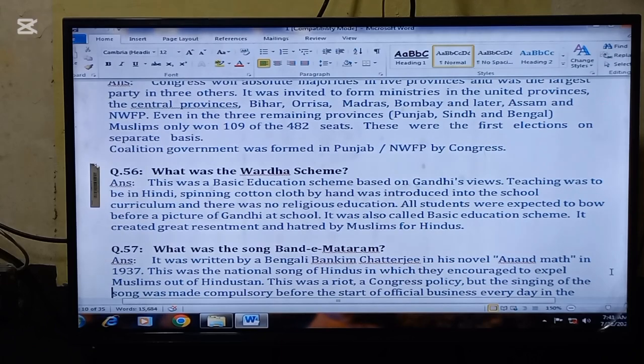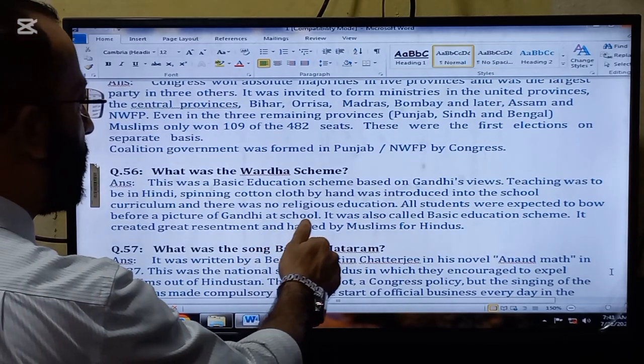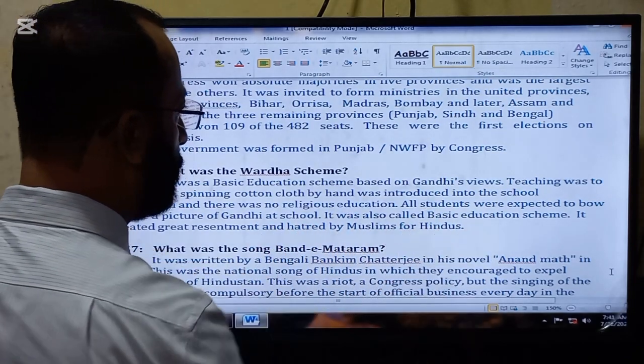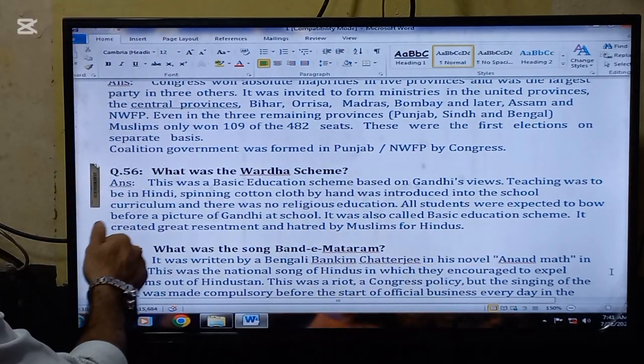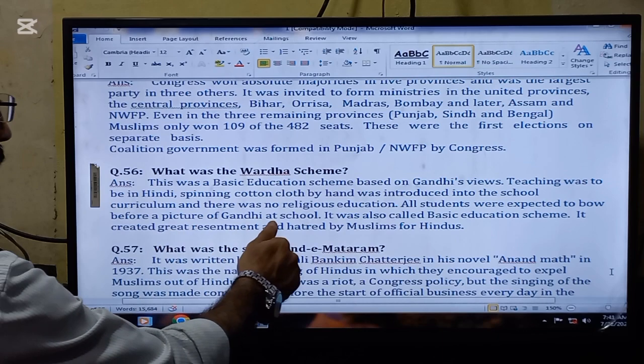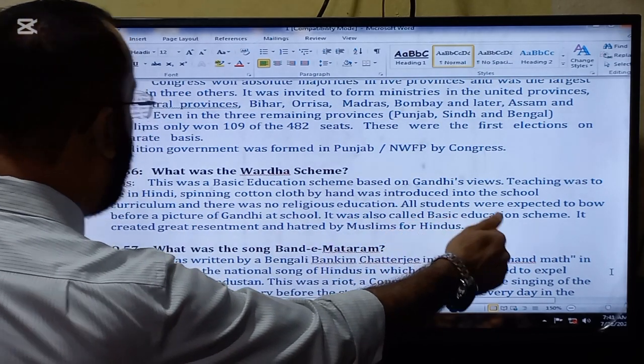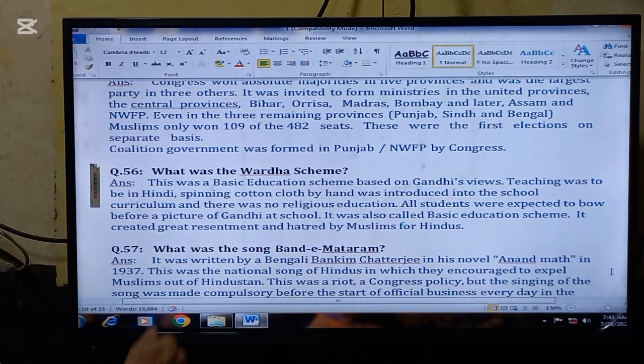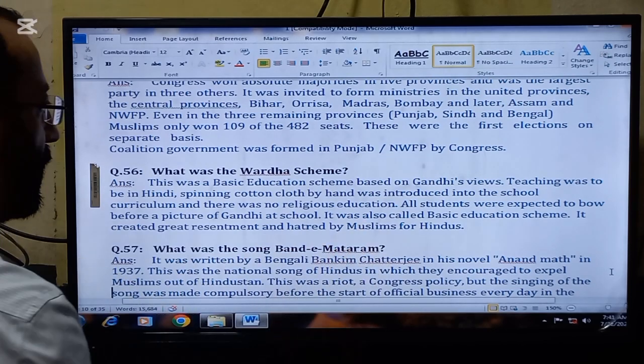The next important question that we are going to read is, what was the Wardha scheme? This was a basic educational scheme based on Gandhi's views. Teaching was to be in Hindi. Spinning cotton cloth by hand was introduced into the school curriculum, and there was no religious education.